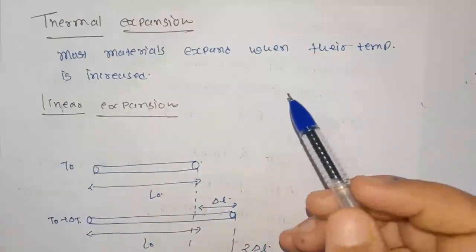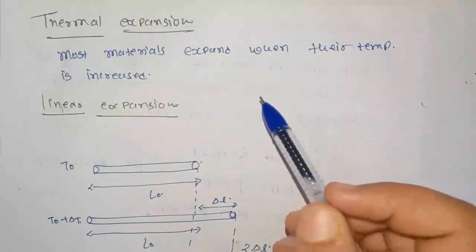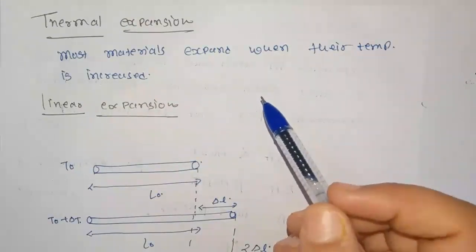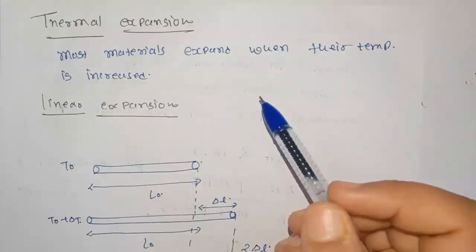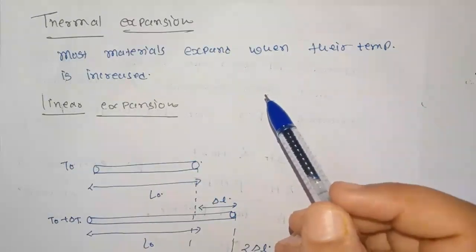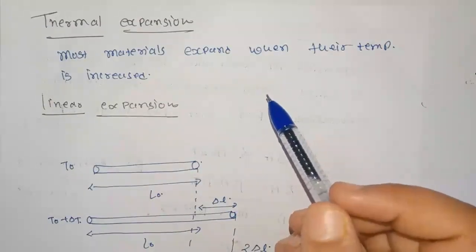Now let us understand thermal expansion. Most materials expand when the temperature increases. For example, rising temperature makes the liquid expand in the tube of a thermometer. The decks of bridges need special joints to support and to allow for expansion.